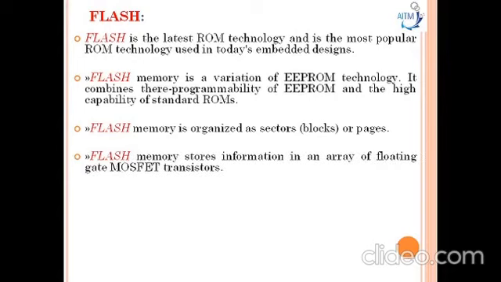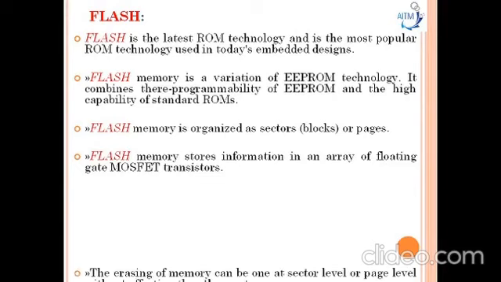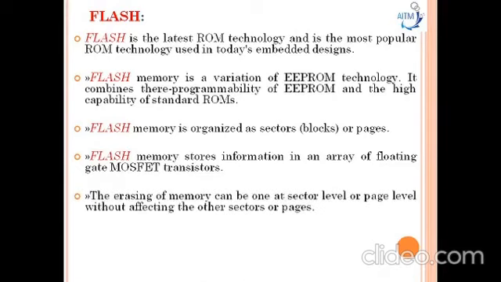A flash memory stores information in an array of floating gate MOSFET transistors, that is metal oxide semiconductor field effect transistors, and it is a voltage controlled device. The erasing of a memory can be done at a sector level or page level without affecting the other sectors or pages.